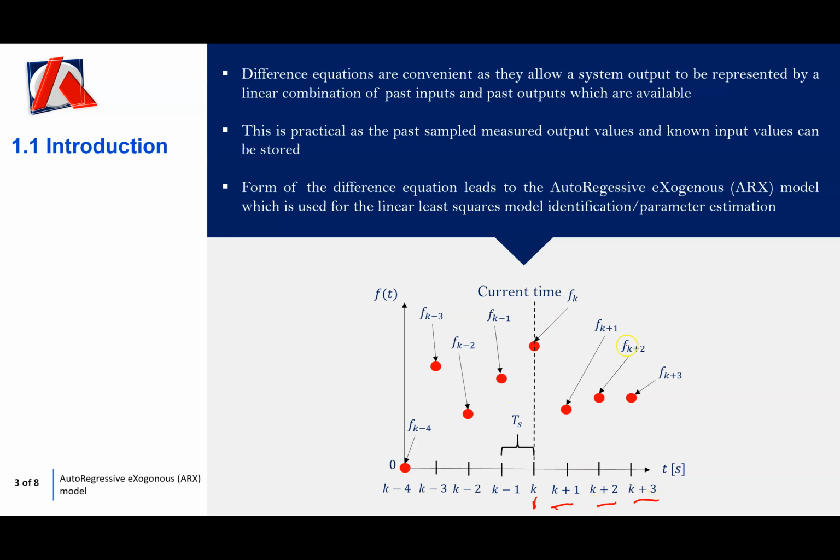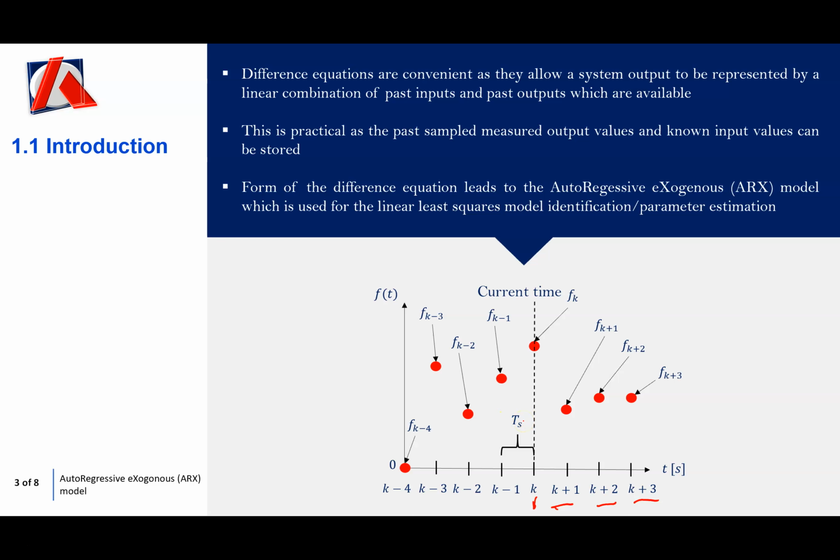In terms of control, that's really not practical. What we usually use for control is past measured values. So k is the current sample, k minus 1 the previous sample, k minus 2 the previous two samples, with the interval determined by the sample interval.